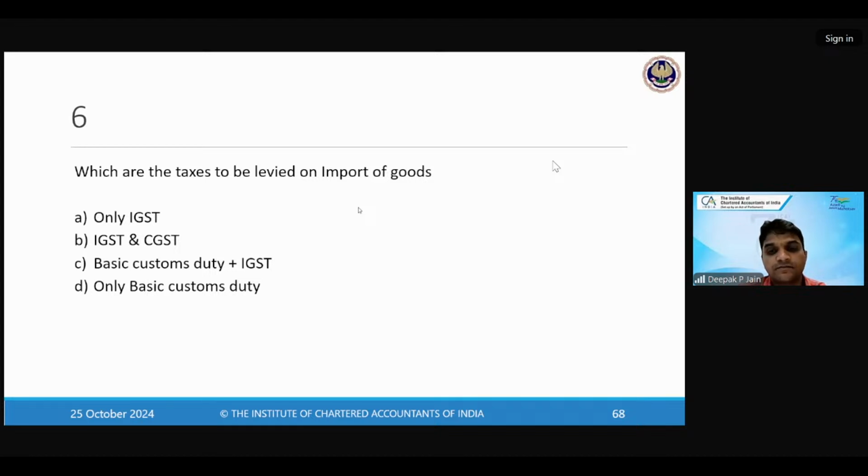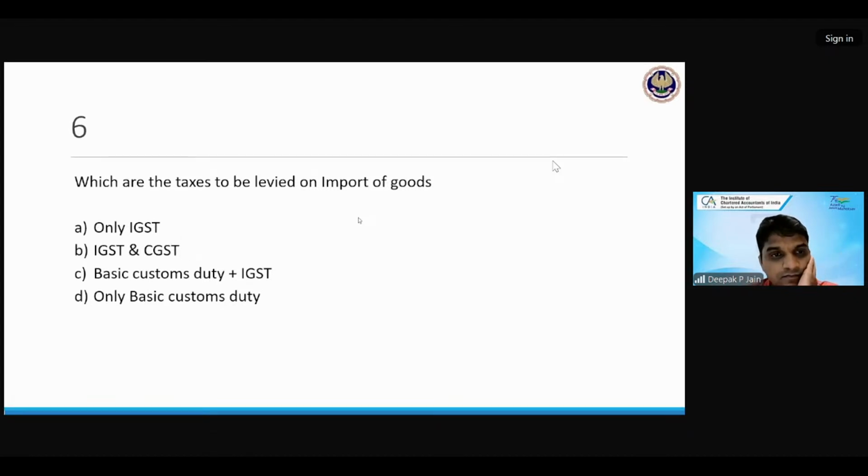Question number 6. Sixth one, yes, most of you have given it correct. Sixth one is C.